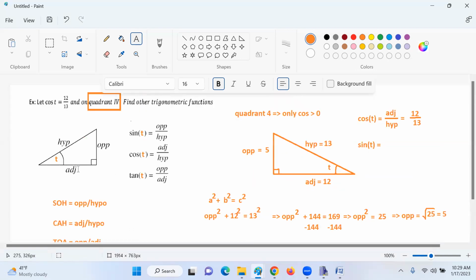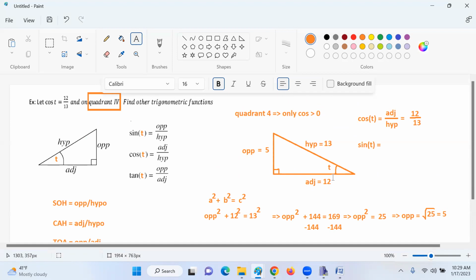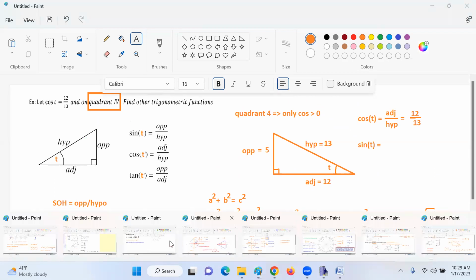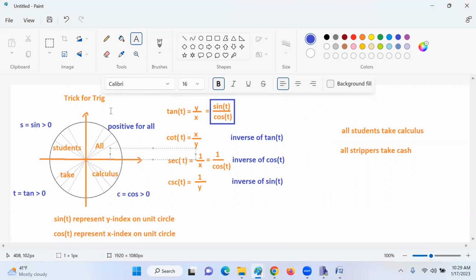Okay, so think of it that way. People usually memorize this rule a lot. And a lot of you might ask me, how can we determine the sign of the sine, tangent and cosine? So now we're going to use the trick for trigonometry. All Students Take Calculus: All means positive for all values, Students means only sine is positive, Take means tangent is positive, and Calculus means only cosine is positive.